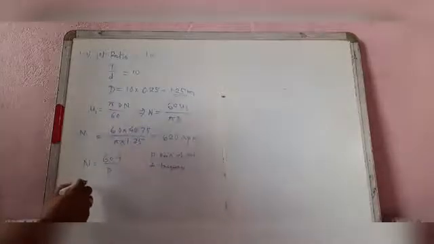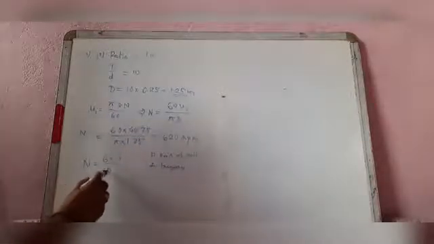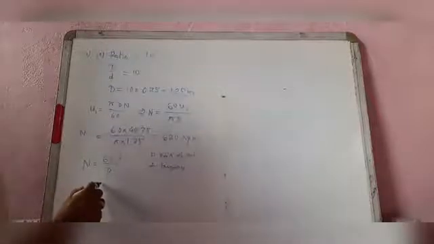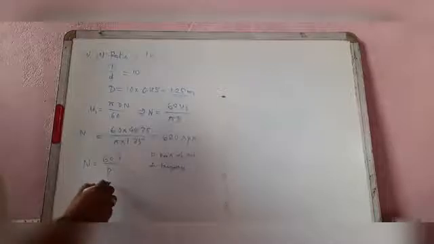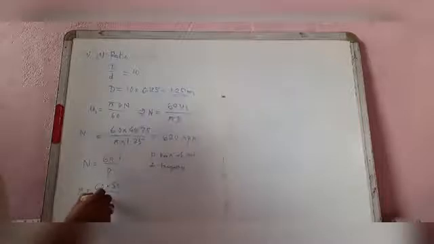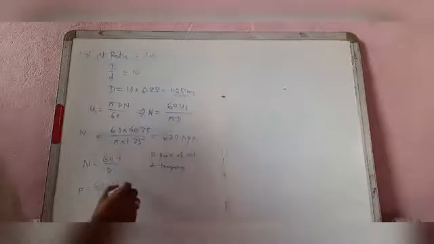So here we have to find P, number of poles. So this P equal to 60 into f, f is 50 Hertz, and N is 620 RPM as calculated here.